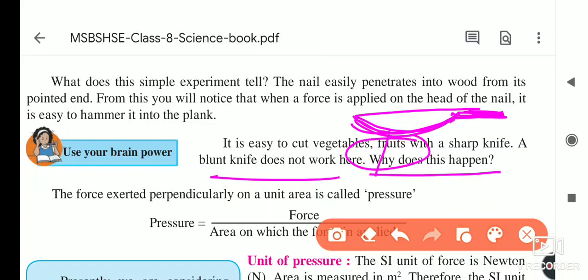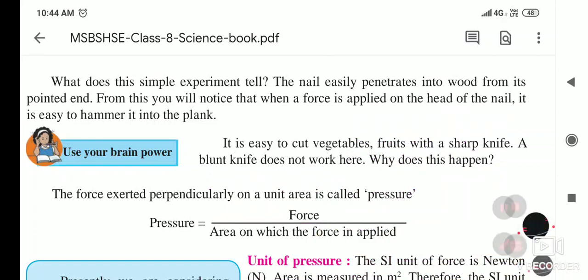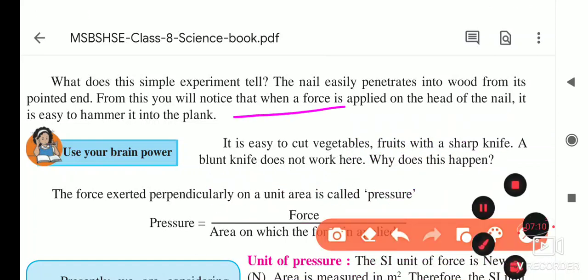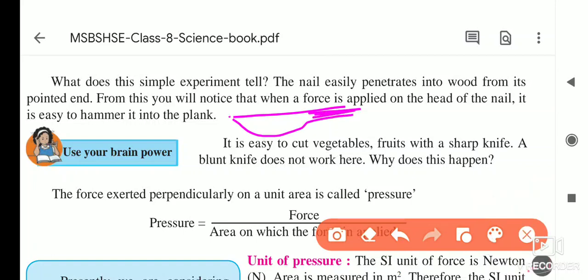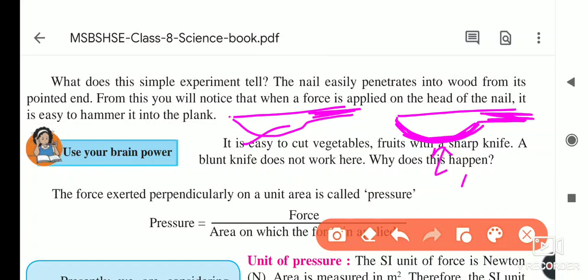But if it is blunt, suppose this is a very sharp point, by this we can easily cut it. But this cutting part's area is more, so it is blunt. And this part is sharp.